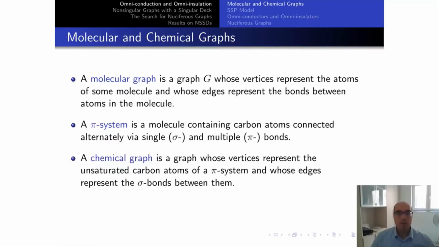A chemical graph is a graph whose vertices represent the unsaturated carbon atoms of a pi system. What do I mean by an unsaturated carbon atom? If you have a carbon atom, carbon atoms like to bond with 4 other atoms.